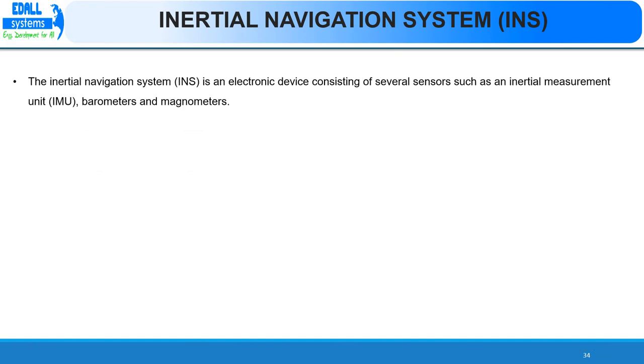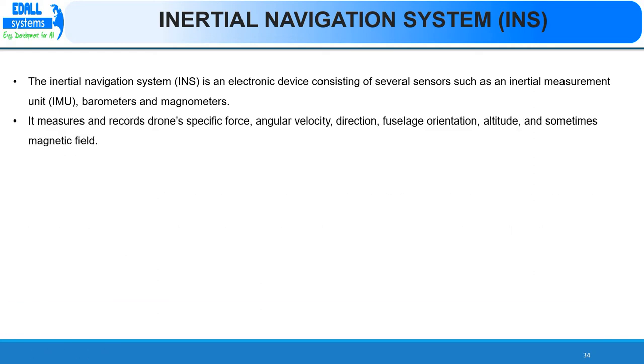The inertial navigation system is an electronic device which consists of several sensors such as inertial measurement unit, barometers and magnetometers. The inertial navigation system measures and records the drone's specific force, angular velocity, direction, fuselage orientation, altitude and magnetic field. They are used in all types of drones, not just in fixed-wing drones.